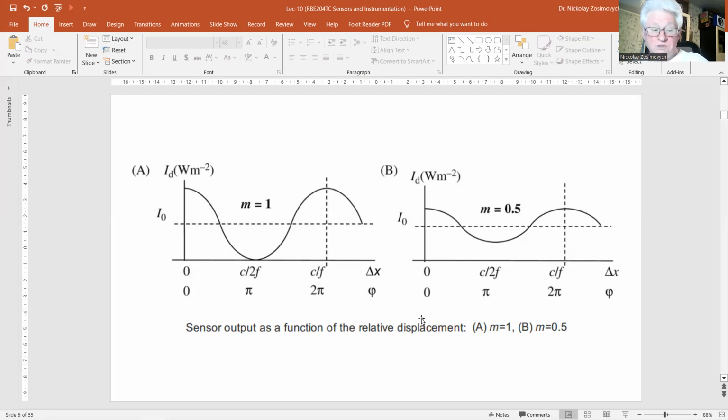Only when both light wave amplitudes are equal, m equals 1, do we get an optimal interference effect. This is why the factor m is called the interference visibility.